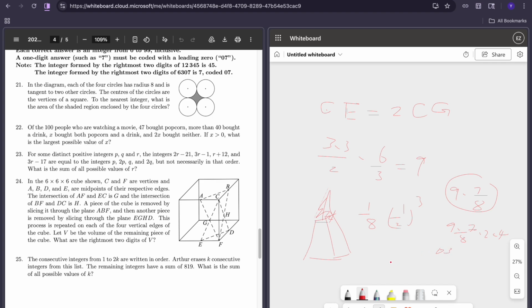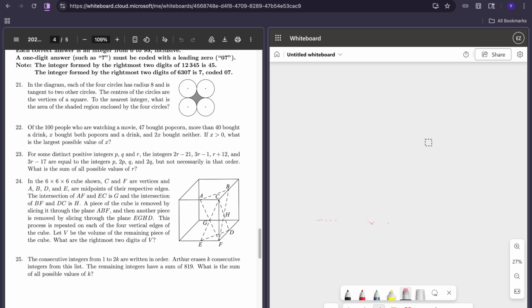And then we just need to do 6 cubed minus 63, and then we get 216 minus 63, which is 153. So we get 153 as our answer. Okay.